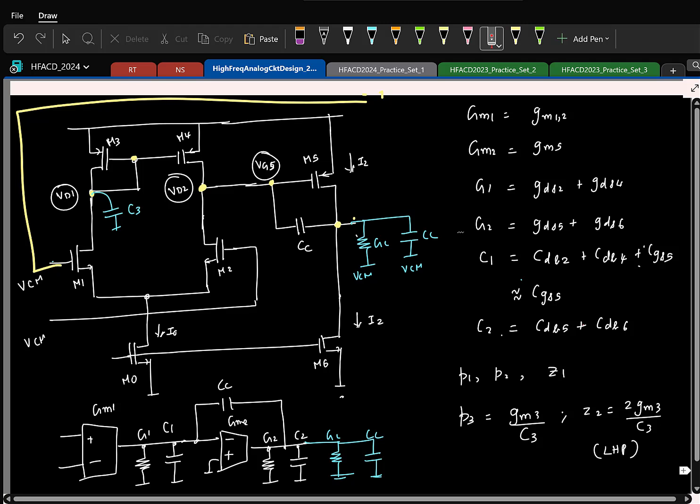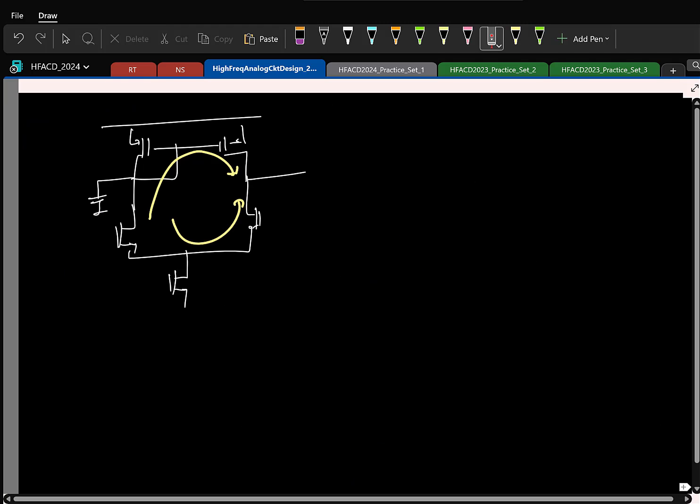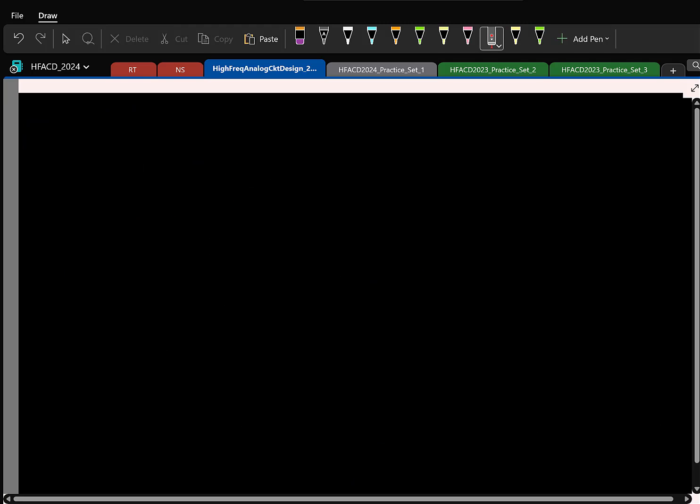You also have the other non-dominant pole coming from the first stage. So if you actually design for a particular phase margin at a block level, we expect the phase margin to be 90 minus tan inverse of the second pole and the phase added by the RHP0.